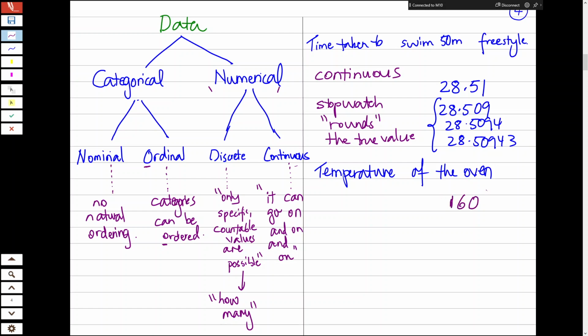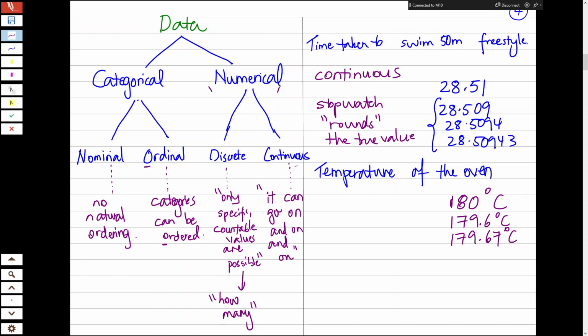So guys, we're going to finish soon because I'm sensing that I'm starting to lose you. Let's say you set your oven for 160 degrees. You're cooking a pie or something, I don't know. Some spring rolls. All right, fine, 180 then. In reality, your oven could be 179.6 degrees Celsius or 179.67.